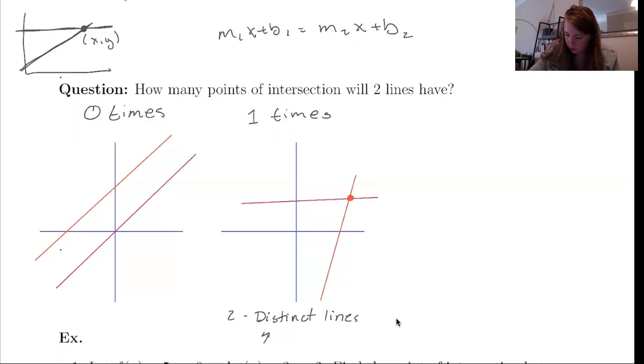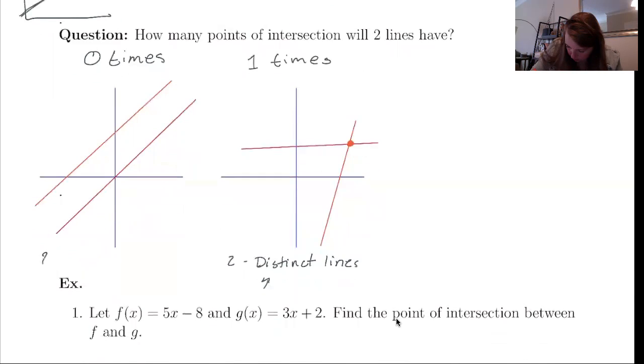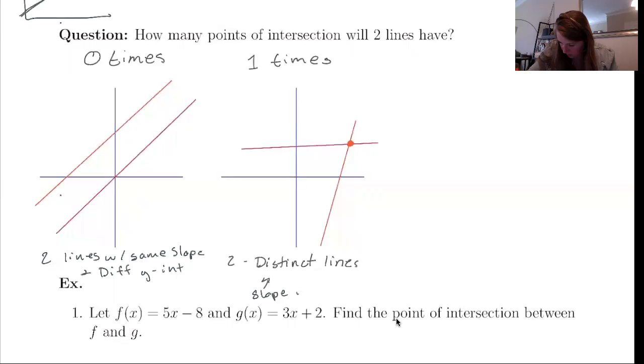So two lines with the same slope and different y-intercepts, right? But what if their y-intercepts are the same? How many times will they intersect then?